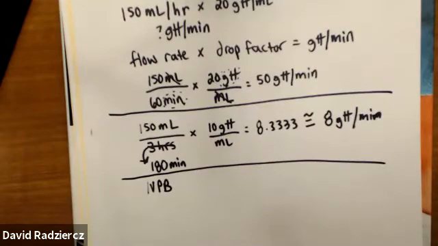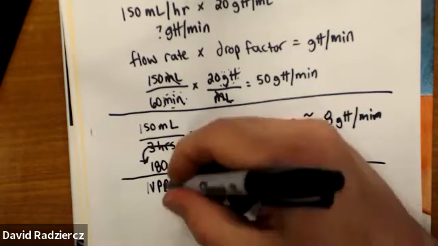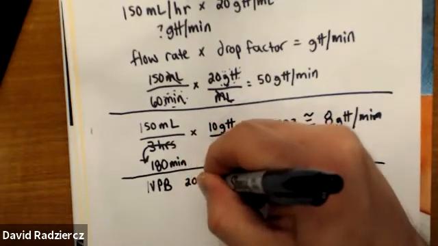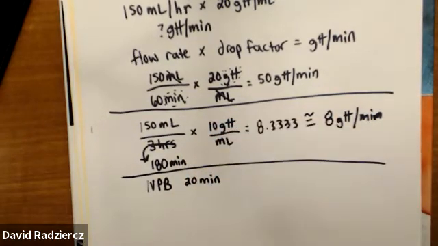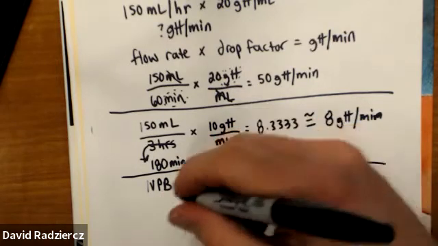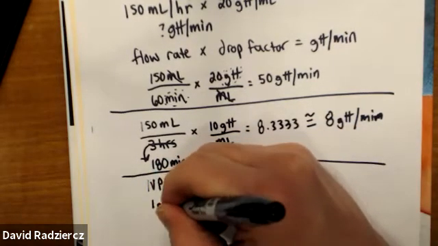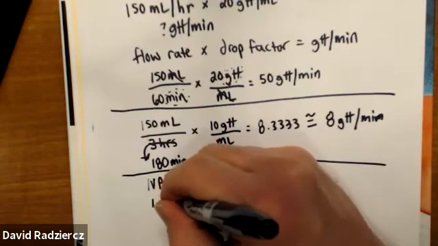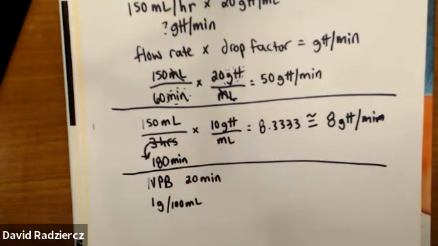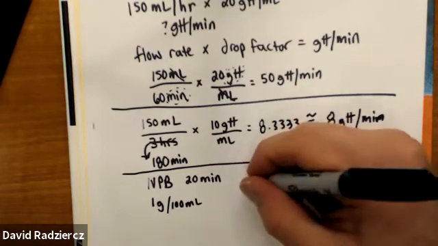We're administering some medication via IV piggyback for 20 minutes. So I'm just going to write that down because that might be important. The available drug is available as 1 gram, and that's going to be in 100 milliliters. Okay, so that's what it says. The drop factor is 15.